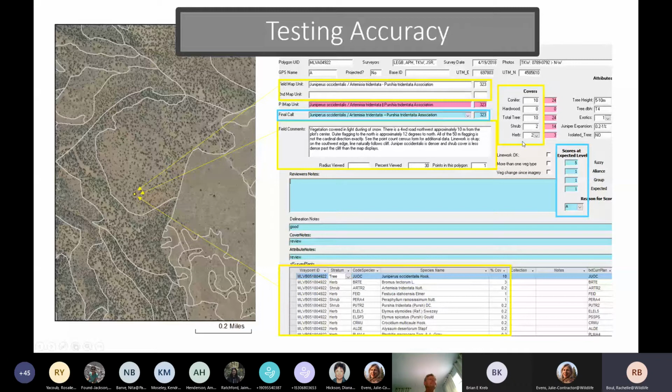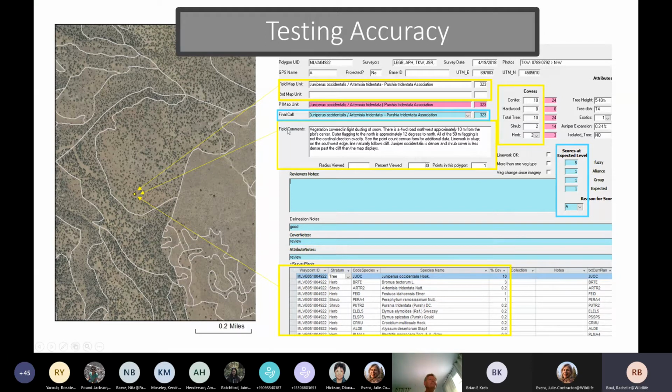They gave strata cover estimates in the field, as well as species cover, and some general comments on how much of the polygon they've used. The pink cells here are the photo interpreted, or the mappers' call for the vegetation type and strata covers.